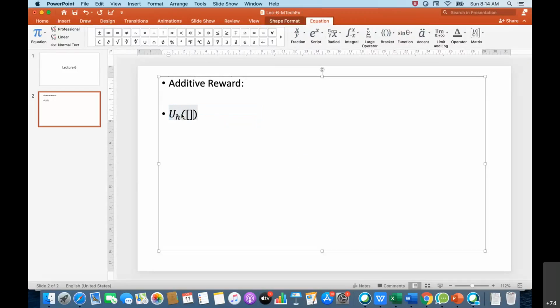Therefore, the utility of that sequence of states, U of S0, S1 and so on, is computed using the following equation: R of S0 plus R of S1 plus, and so on.